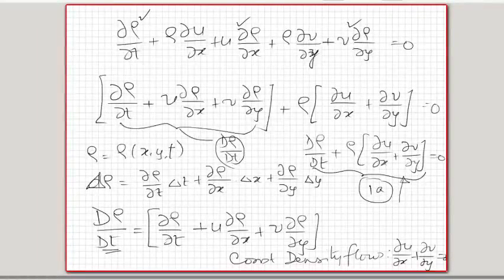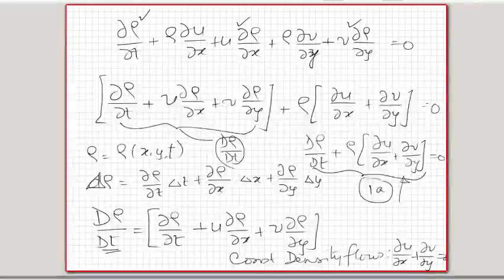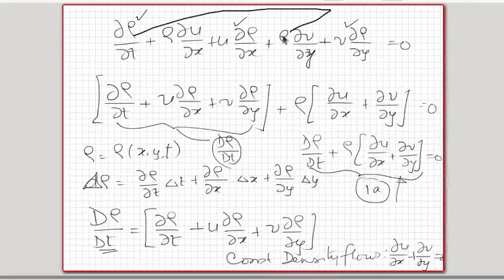Yes, this is the continuity equation: ∂ρ/∂t is equal to... My mouse is misbehaving.